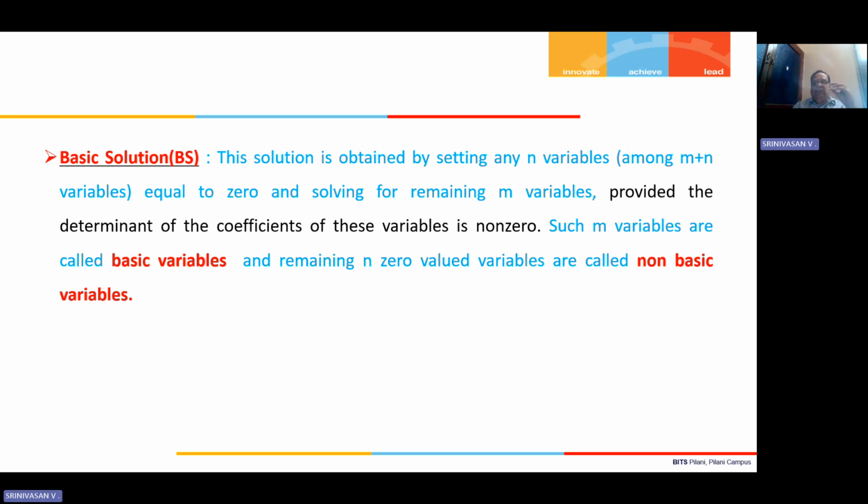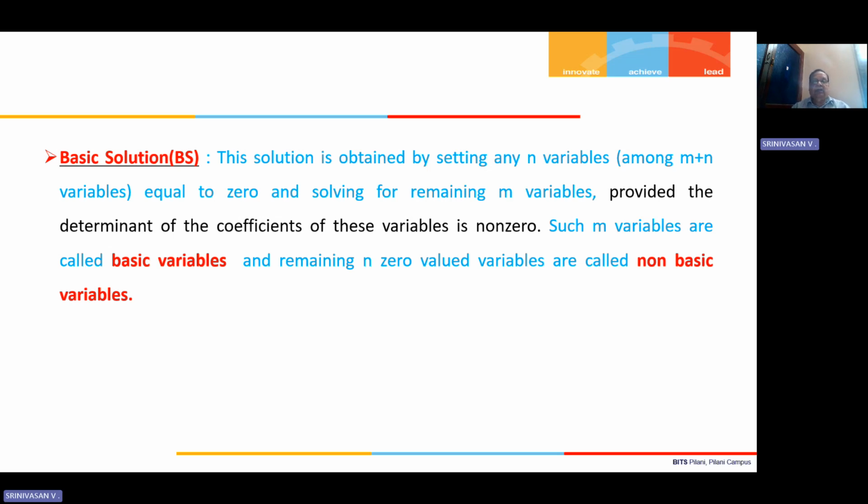So in short, the non-zero variables are called basic variables, and the remaining n zero-valued variables are called non-basic variables. Basic variables means those which are very essential. They should be non-zero. The other variables which are zero to start with will be called non-basic variables.